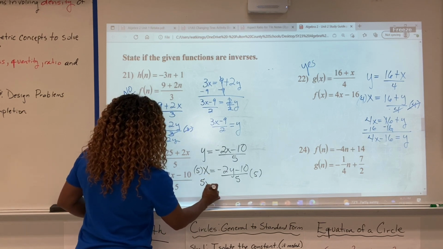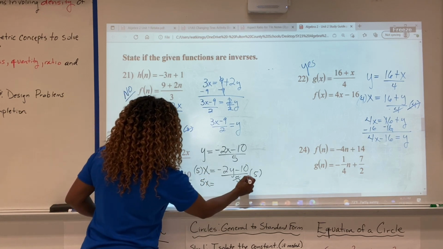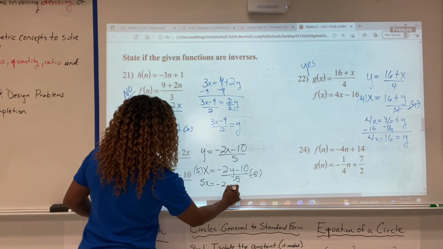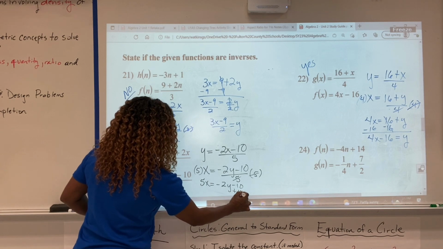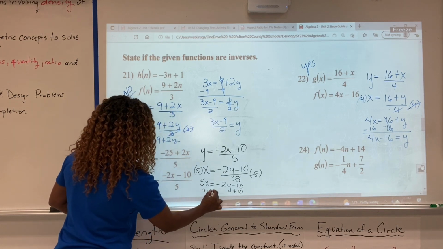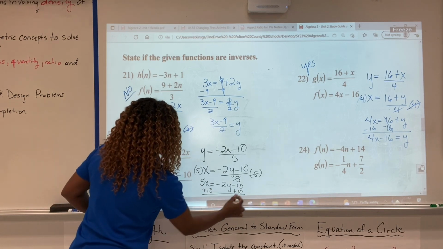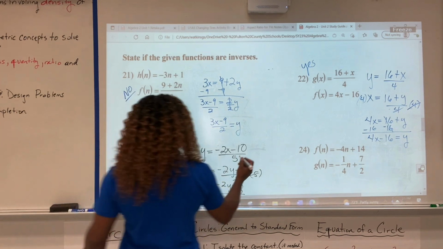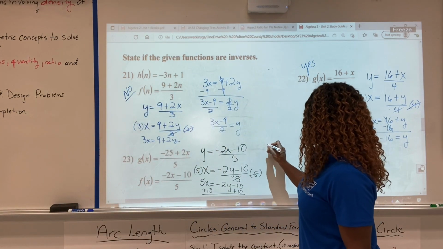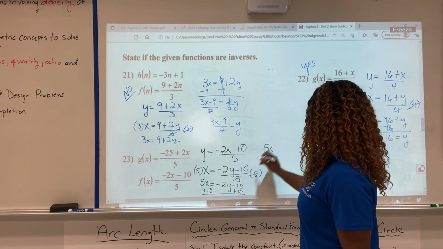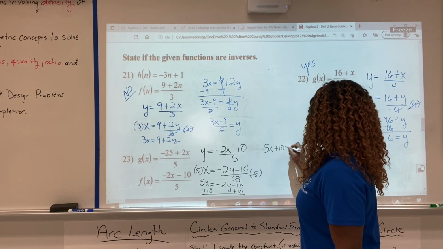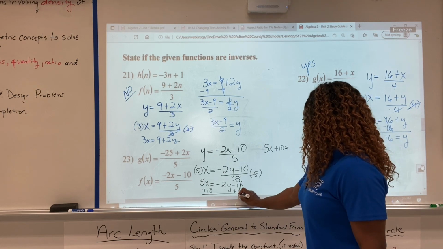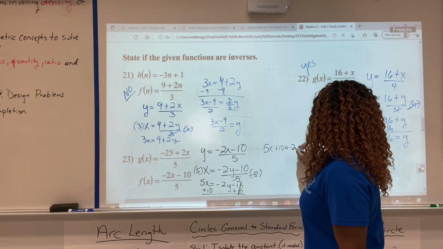This leaves 5x equals negative 2y minus 10. I need to add 10 to both sides. That'll give me 5x plus 10 equals, these canceled out, negative 2y.